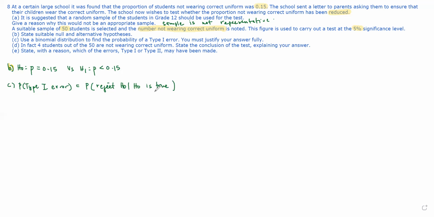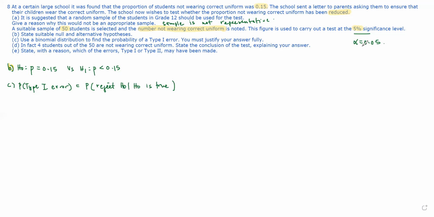So when the null hypothesis is true, the proportion not wearing correct uniform is 0.15. And we reject at the 5% significance level, alpha is 0.05. So what we want to do now is to find the probability of rejecting the null hypothesis. What is the probability of rejecting the null hypothesis when the proportion is 0.15?